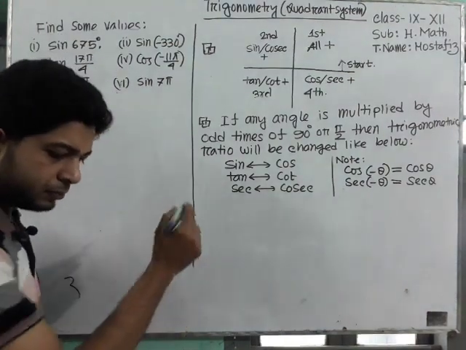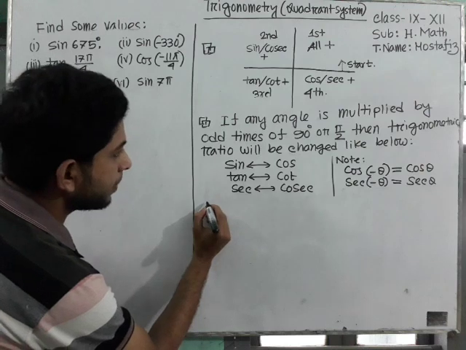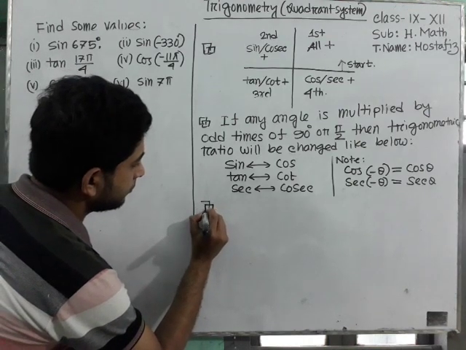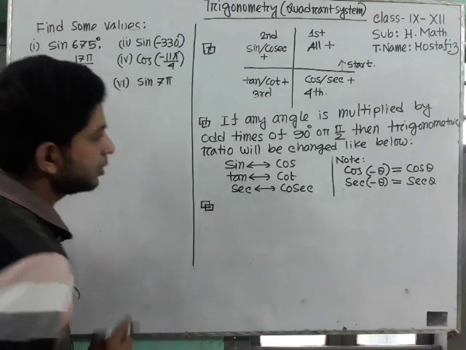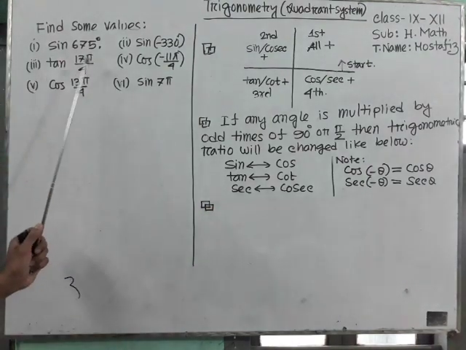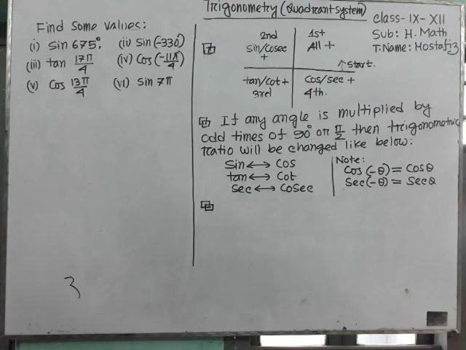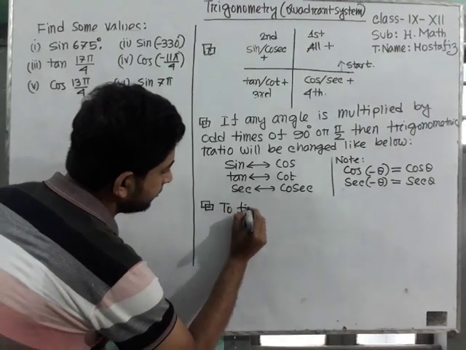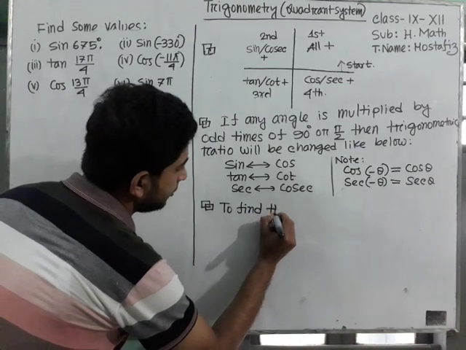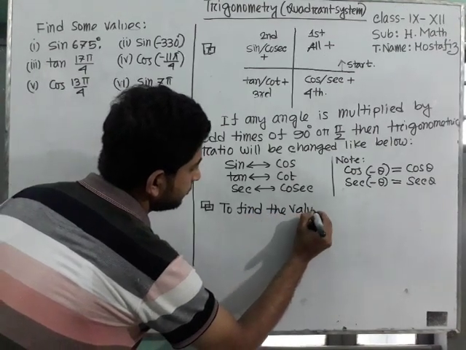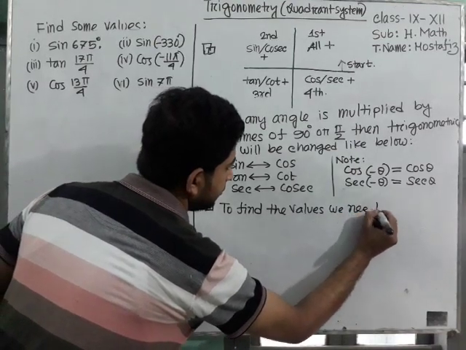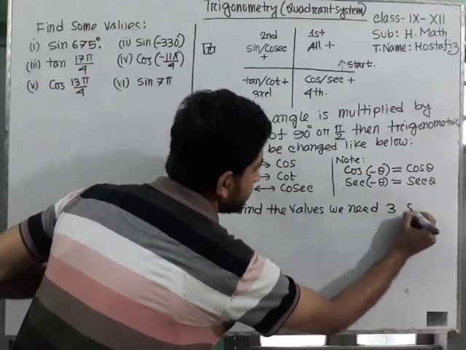Now to find out any value of this type of trigonometric ratio, you have to take 3 steps to find the value. We need 3 steps.